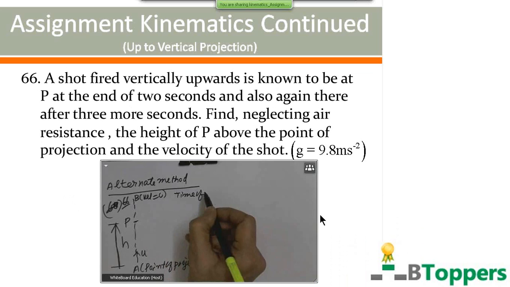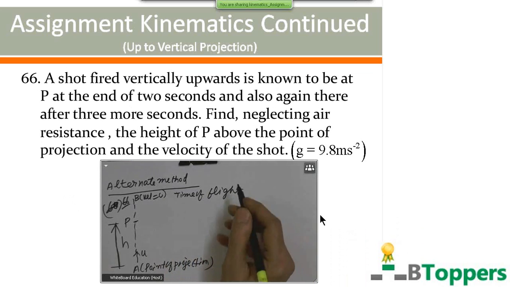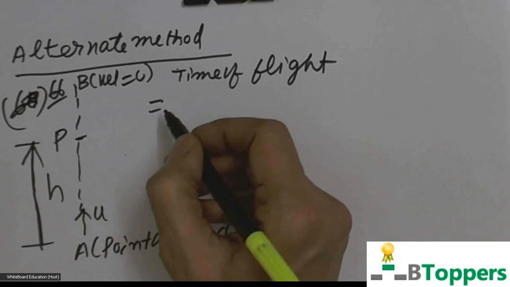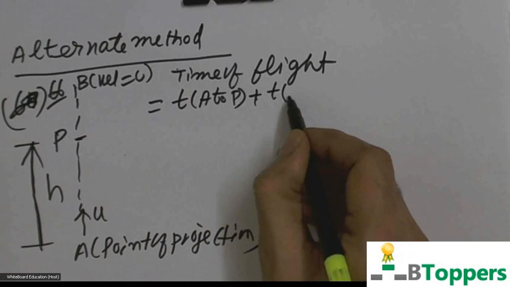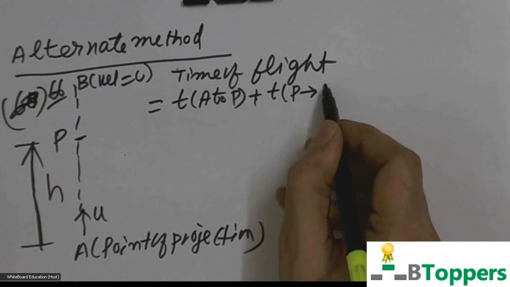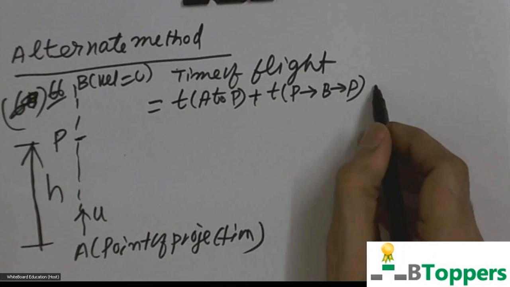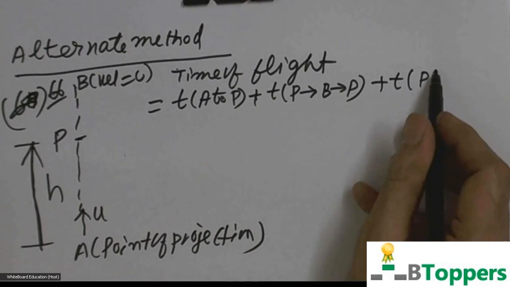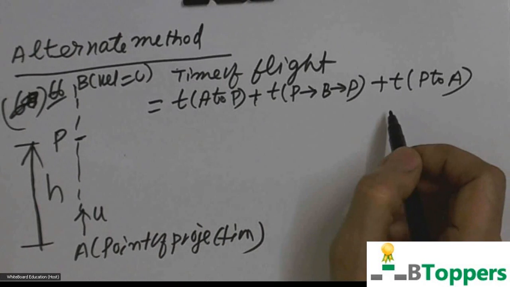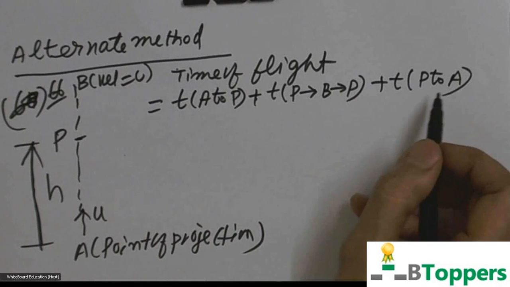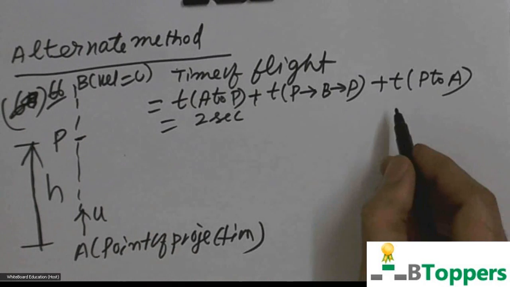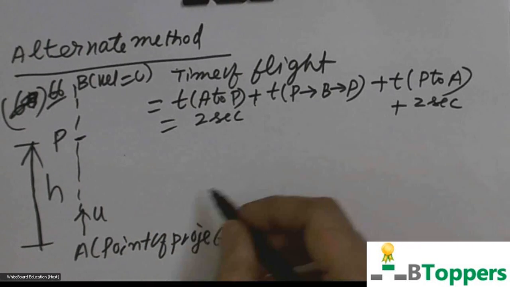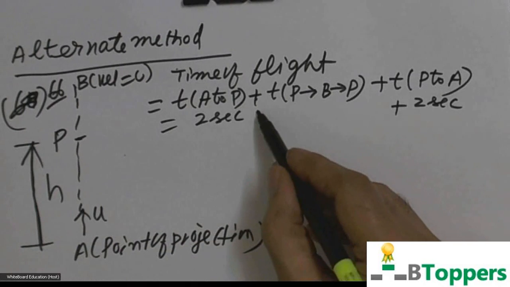So time of flight can be written as equal to time taken by the body to move from A to P plus time taken by the body to travel from P to the highest point B and back to P plus time taken for motion in the downward direction from P to A. So if it takes 2 seconds to move from A to P during upward motion, it takes again 2 seconds to move downwards from P to A during downward motion.